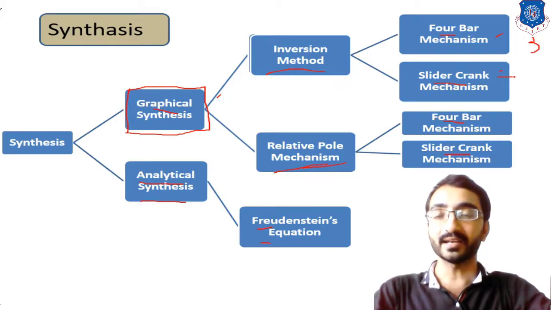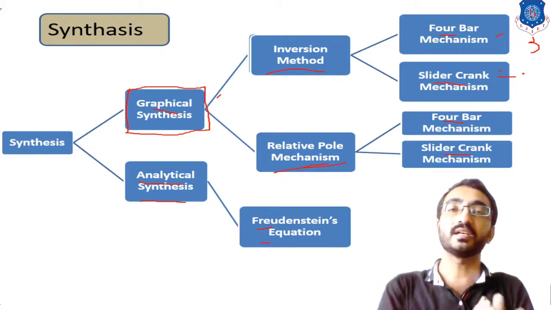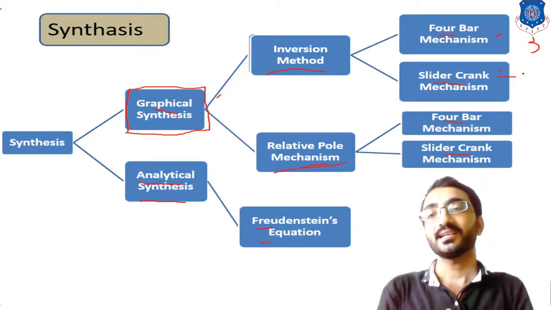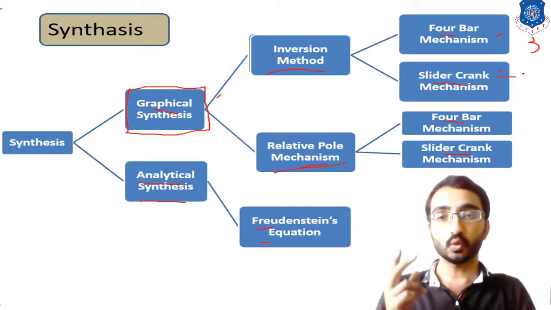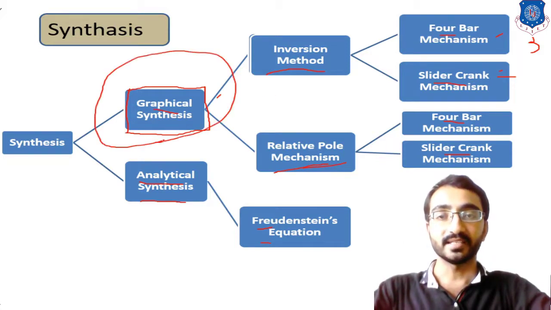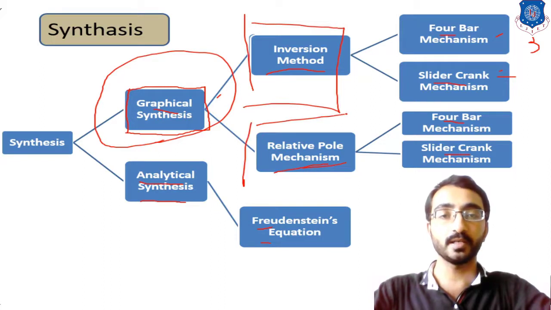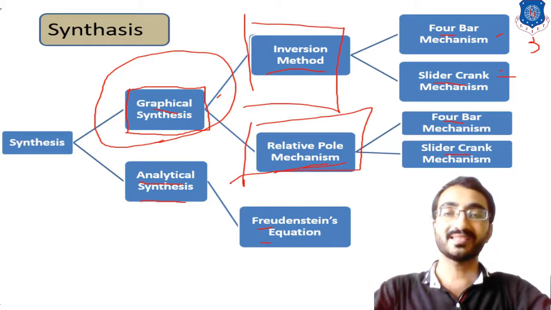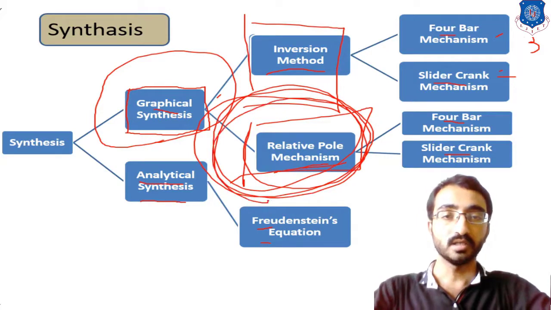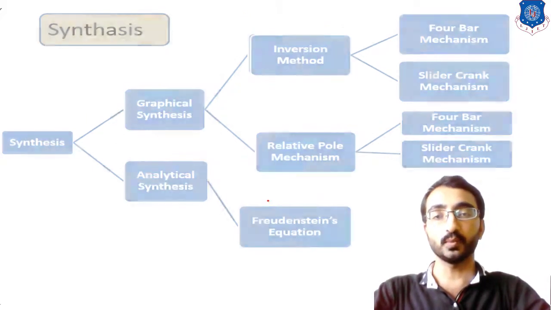Overall, synthesis is classified into graphical and analytical, and graphical into the inversion method and the relative pole method. In this session we will focus on the relative pole method. So let's start.